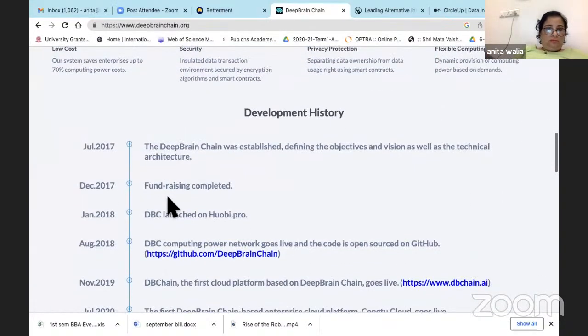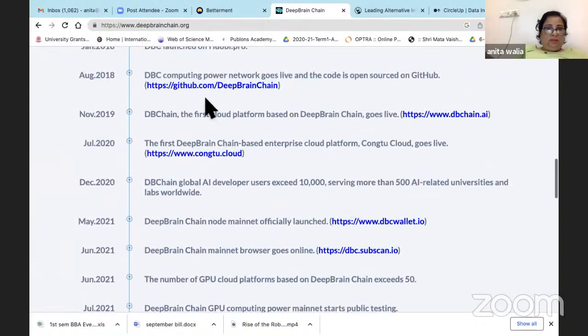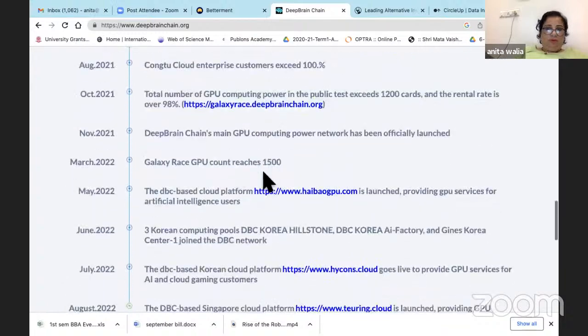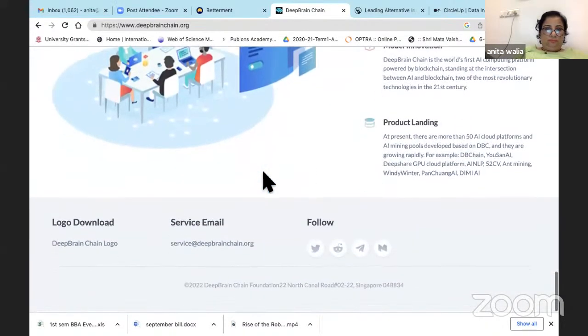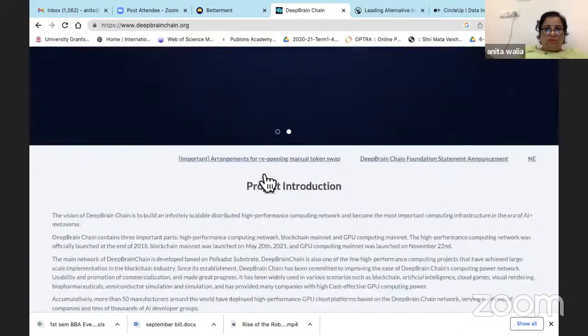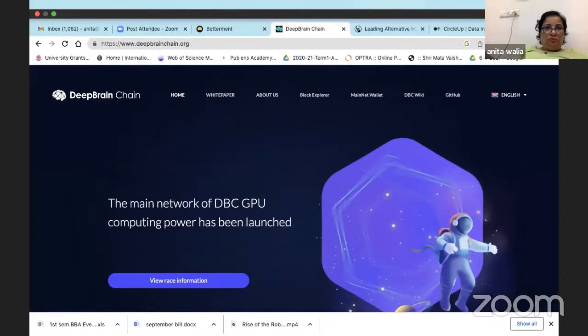You can see here, Deep Brain history. In the GitHubs also, they have a lot of information available. Most of the companies are actually working with them. Then I will also show you.